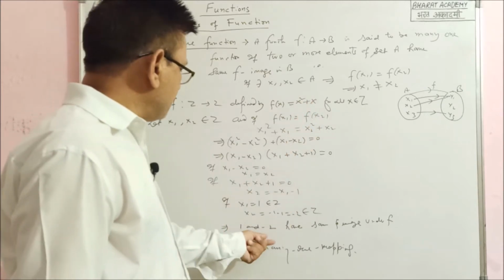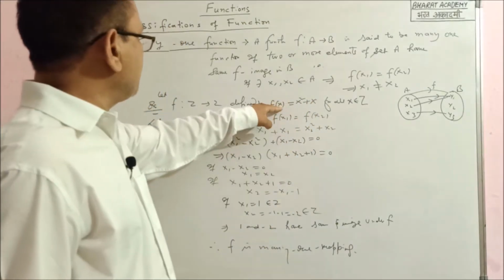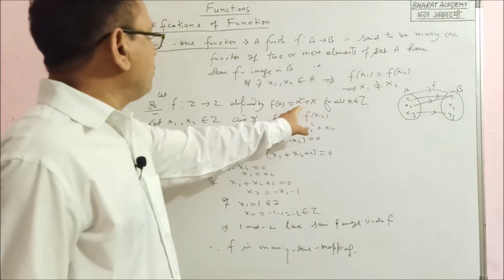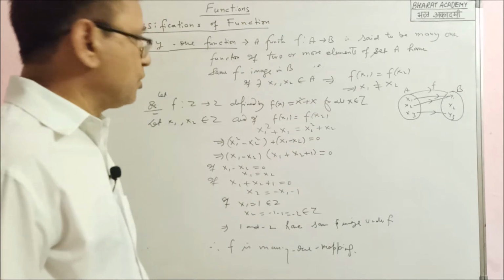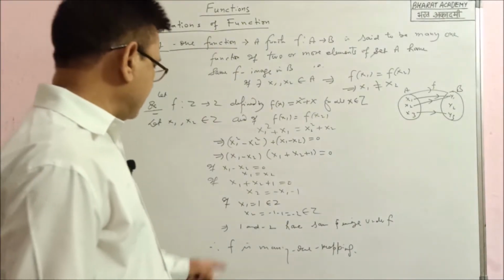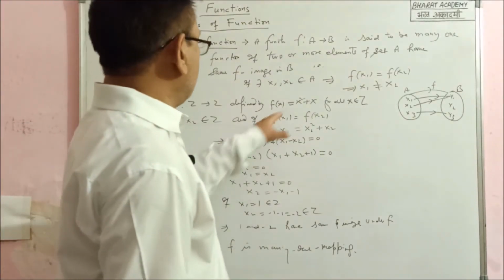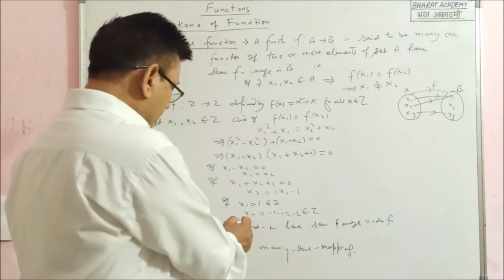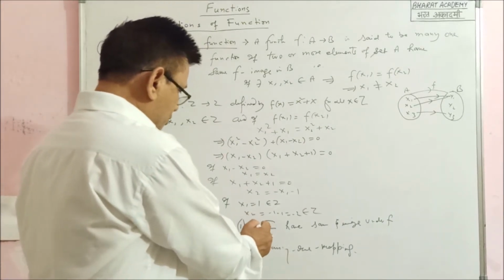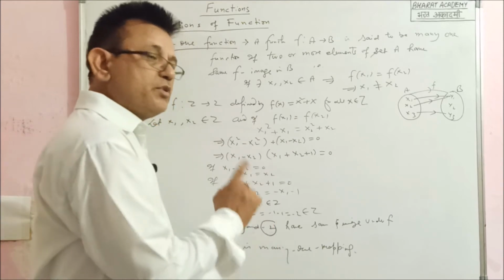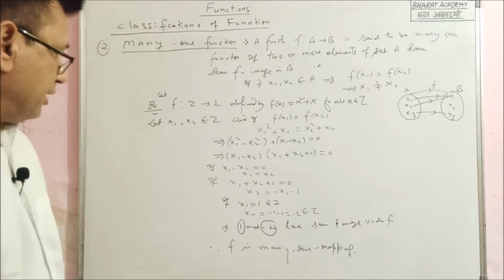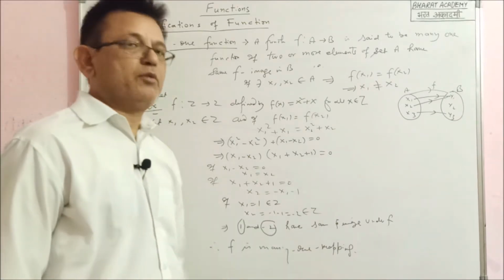If you take another integer minus 2, f(minus 2) will be (minus 2) whole square minus 2, so 4 minus 2, it will be what? 2. So in case of 1, f(1) was also 2. It means 1 and minus 2 are two integers which have the same f image in set B. It means f is a many-one mapping.